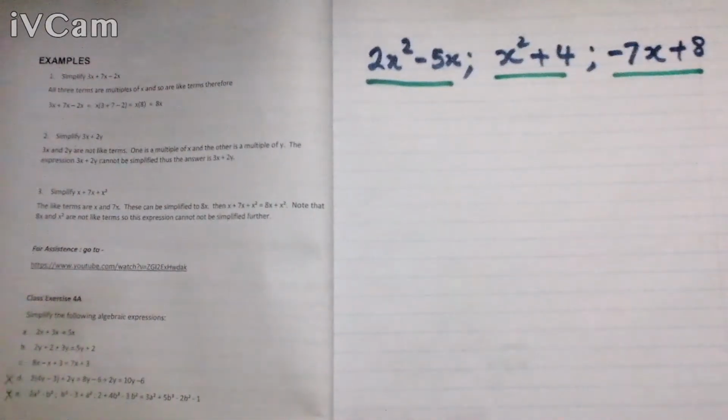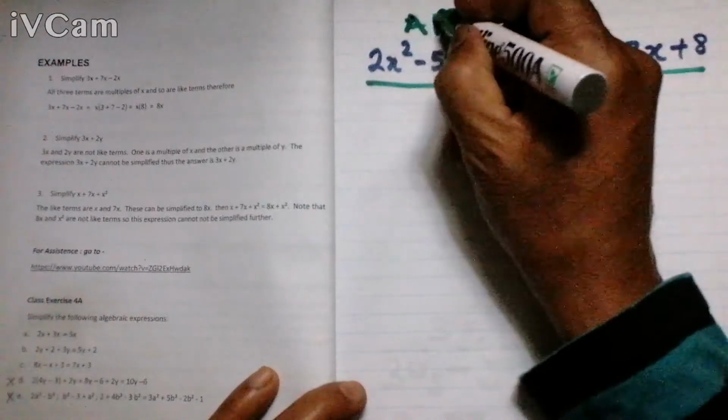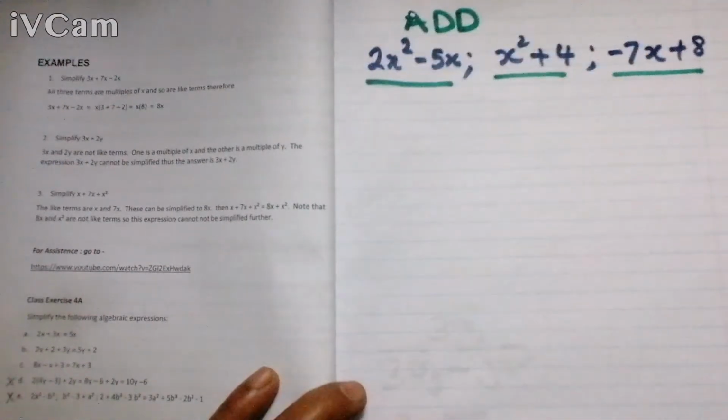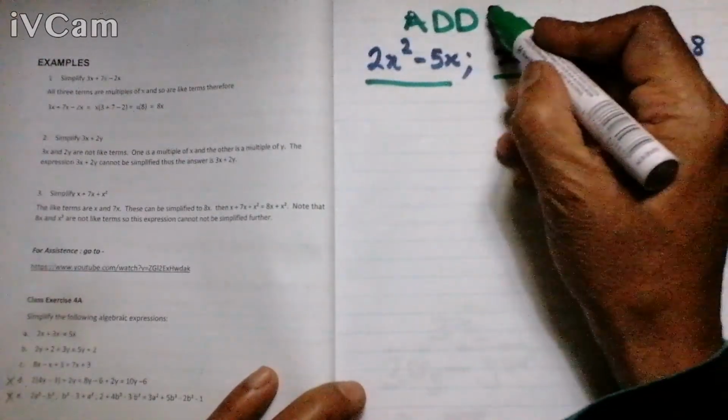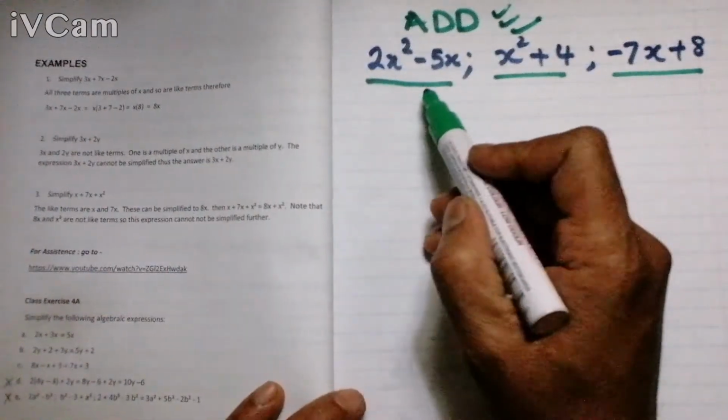So this section here asks you to add all these polynomials. There are 3 of them, you got to add them up. Now the rule that we follow for adding polynomials is that we add like terms. Now which terms are like?